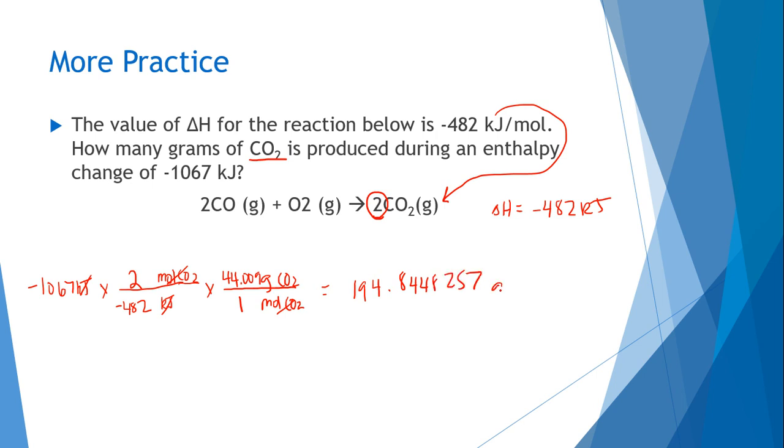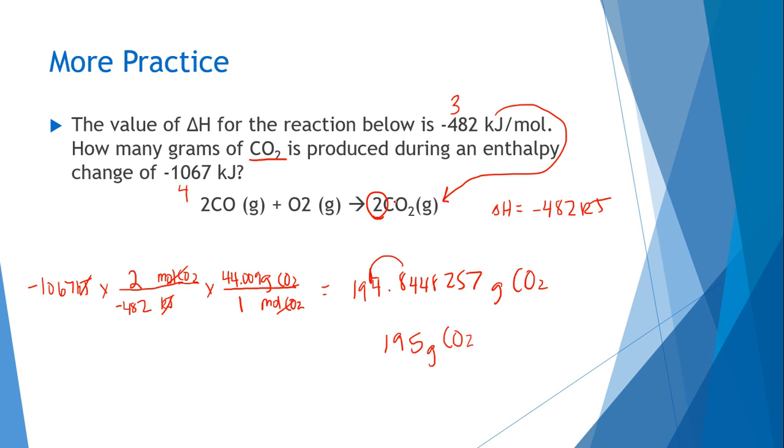Note here, my unit is grams of CO2. Don't forget about sig figs. Here, this has 3 sig figs, and this one has 4. So I should only have 3 in my answer, 190, and that 8 will round that 4 up to a 5. 195 grams. And don't forget to have your CO2 because that's part of your label.